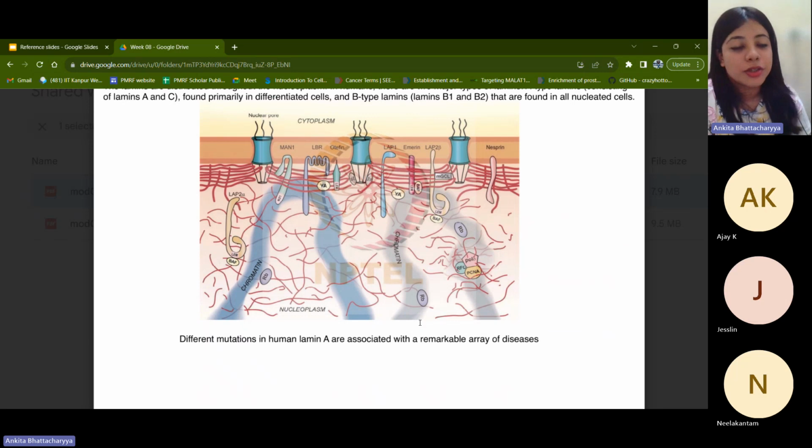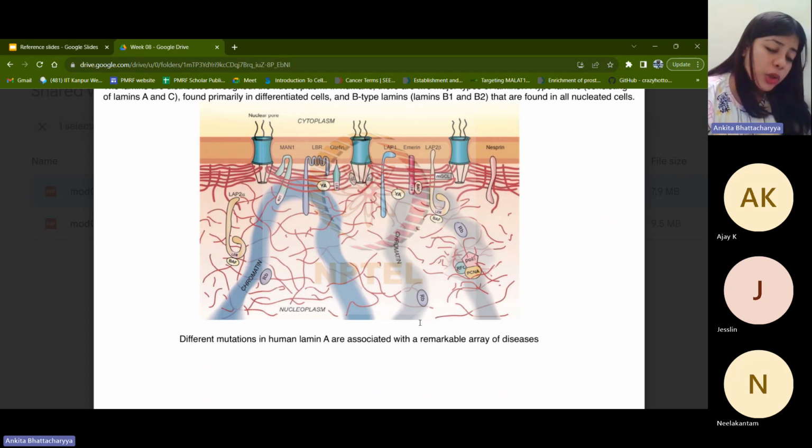In fact, here, as you can see, different mutations in lamin A are associated with a remarkable array of diseases. You can go and look at some cytoskeletal disorders if it is something that interests you. Intermediate filament disorders particularly would be useful. In fact, some intermediate filament proteins are named, or their nomenclature has come from, the disease that they cause, like NF1 and NF2, which are neurofibromatosis 1 and 2.